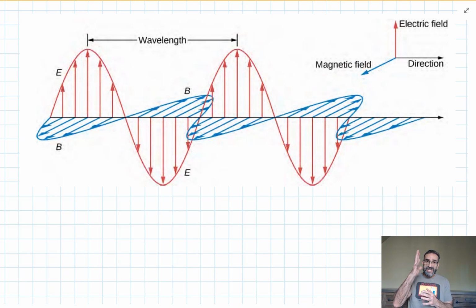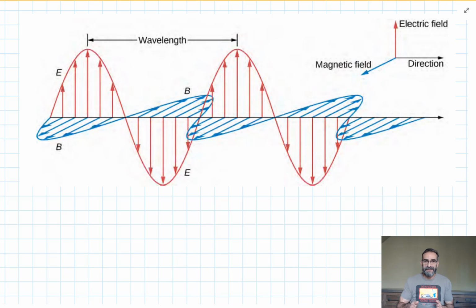As the electric field changes, it creates a magnetic field perpendicular to it. And so the electric field is oscillating in one plane, the magnetic field is oscillating in another plane, and the wave propagates perpendicular to those two directions, as we see in this image here.